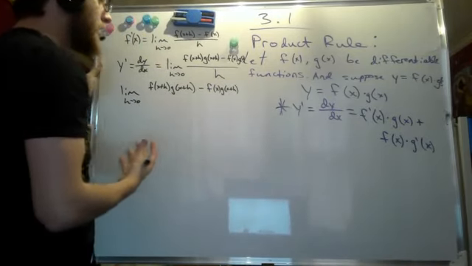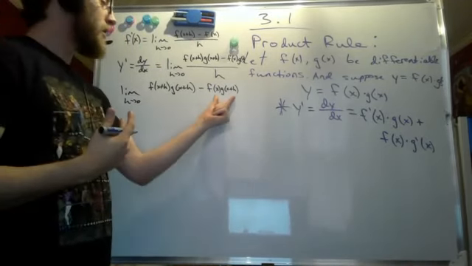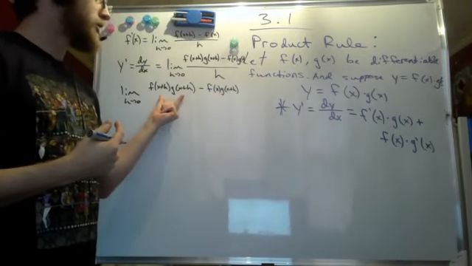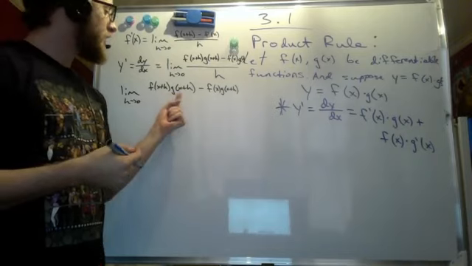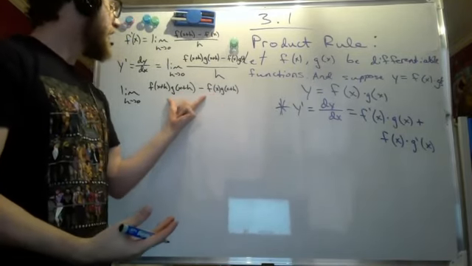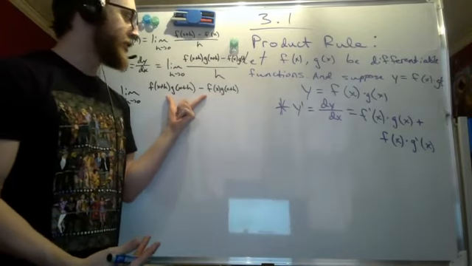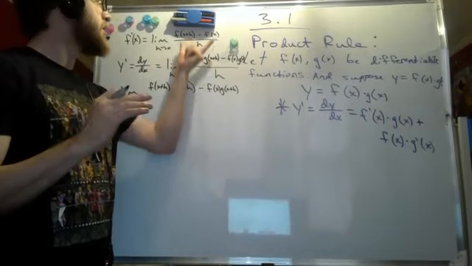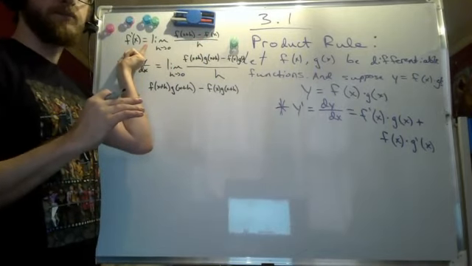Now why am I doing this? I'm doing this because with this minus f of x g of x plus h, this other term has a g of x plus h, and so if I factor this g of x plus h out, then I'm going to be left with f of x plus h minus f of x. This is good. This is what I want in order to get f prime.